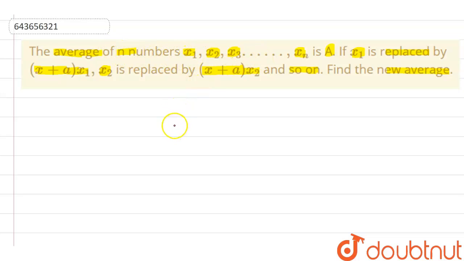So this means we have x1 plus x2 plus x3 up to xn by n is equal to a.